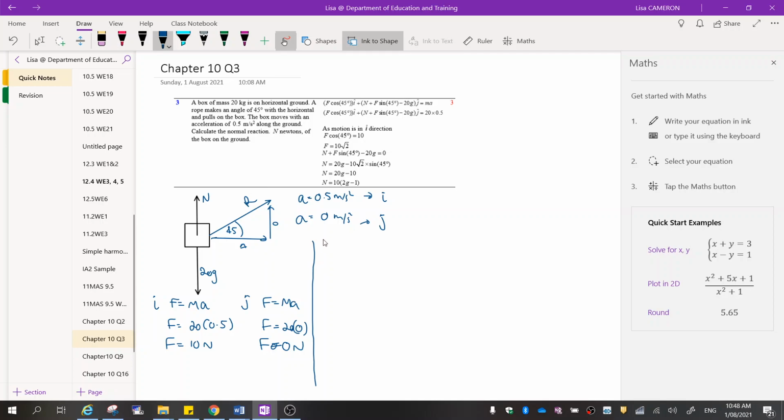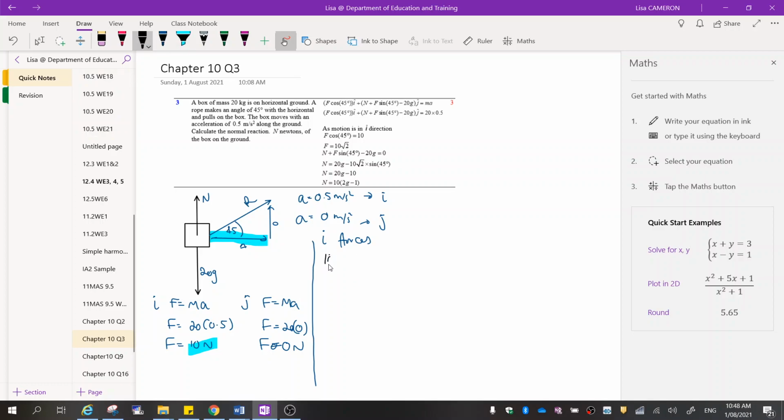So if I look at the i direction first, that means that I'm looking at this force only. So the force that goes in that direction, in the i direction, should be equal to this.